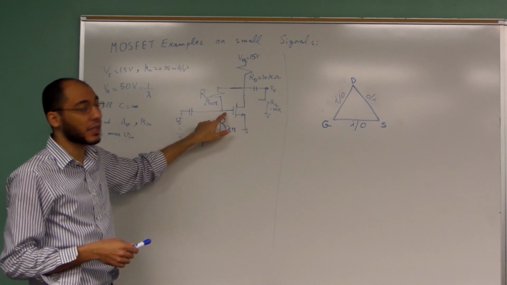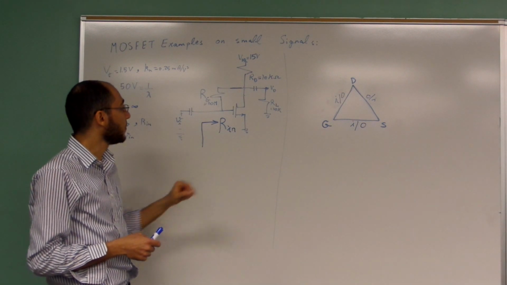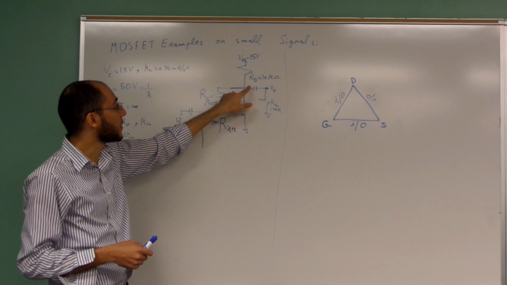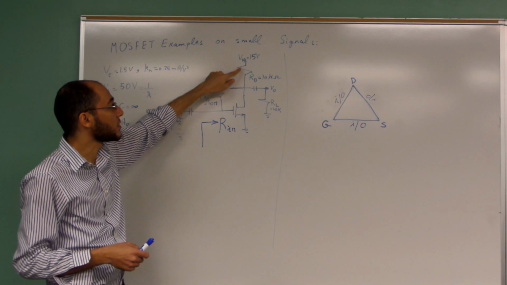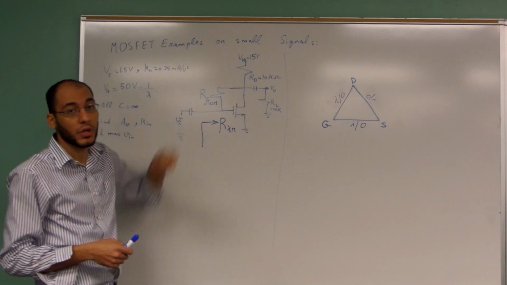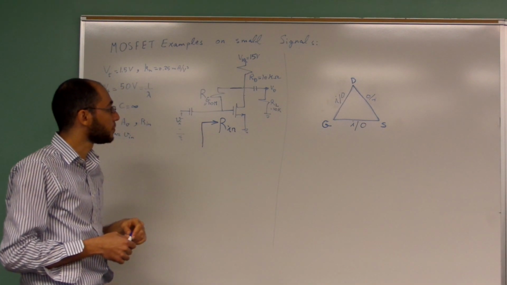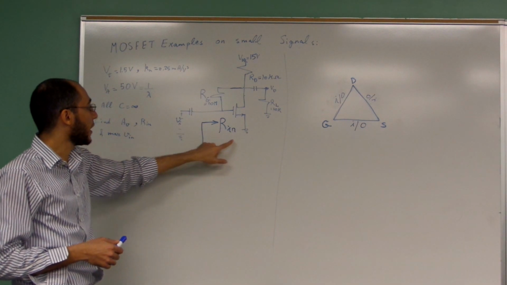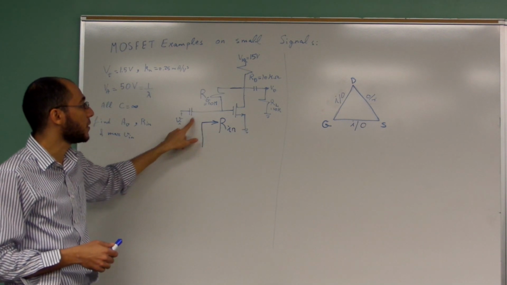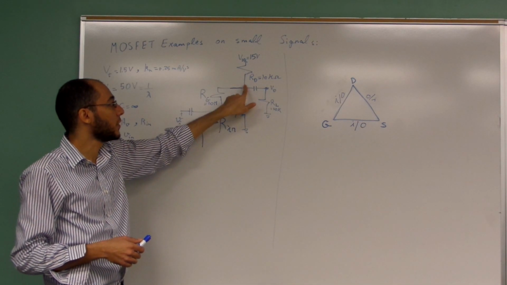RG is biasing the gate to keep it at a biasing level. The drain is connected to a resistor and then to a voltage supply called VDD of 15 volts. It's a common source, which means that the input is fed to the gate and the output comes out of the drain.